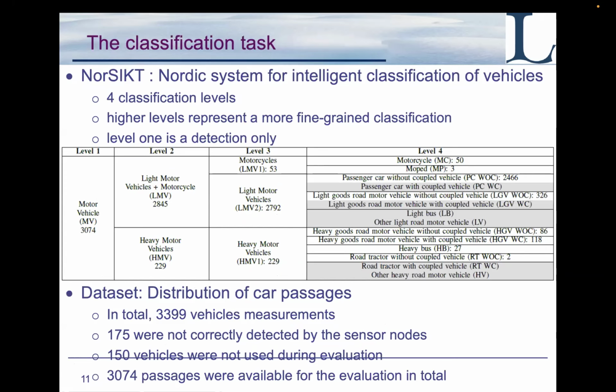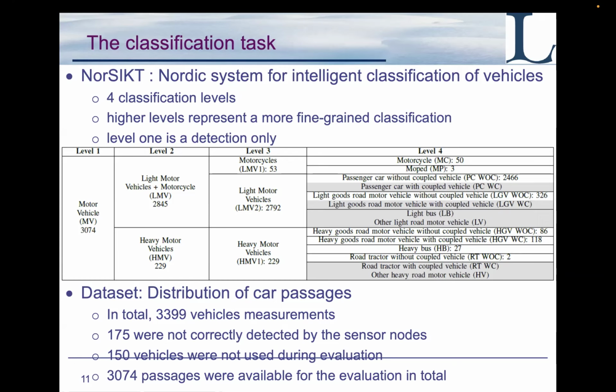But again, when you approach a machine learning task, the first thing is to look for data and what to classify. There are some well-defined categories on classification level of vehicles.